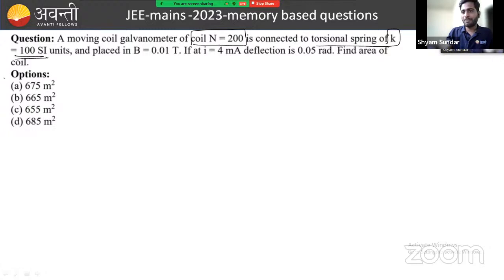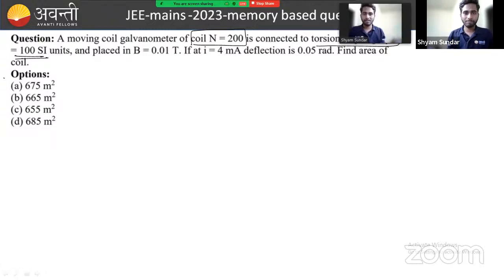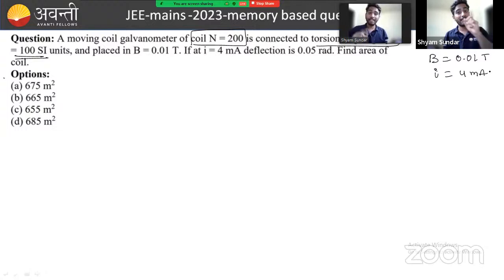It is placed in a magnetic field, and the magnetic field value they have given is 0.01 Tesla. If a current I equals 4 milliampere is flowing, then the needle will make a deflection. Needle deflection will be 0.05 radian.